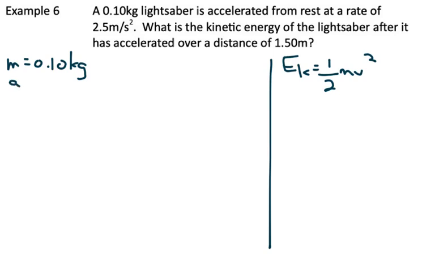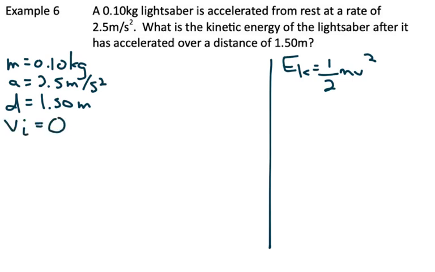We know the acceleration is 2.5 meters per second squared. We know the distance it's traveled is 1.50 meters. We know that vi is going to be 0 because it's accelerated from rest.